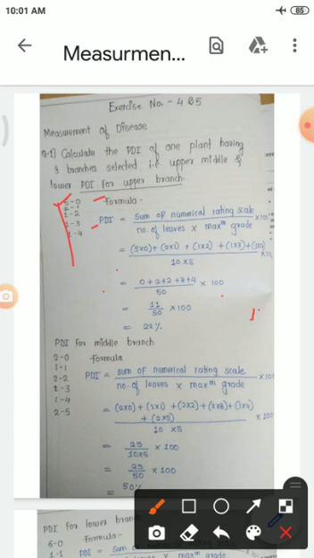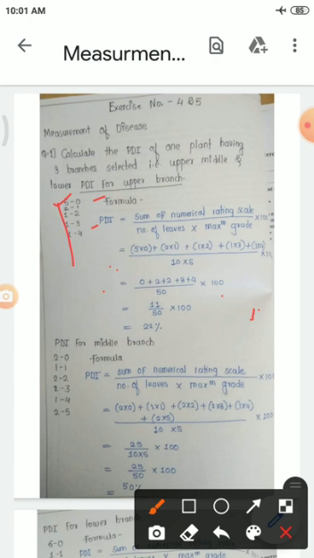Then 1 leaf comes under 2, 1 leaf comes under 3, and 1 leaf comes under 4. That means 5, 2, 1, 1, 1 is the number of leaves assessed with the help of that scale.